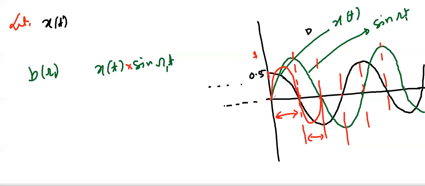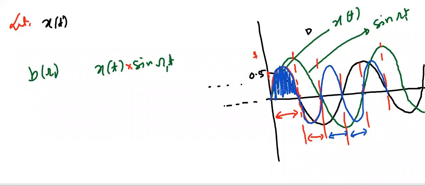I should choose another color. So this is positive, and here it will give a negative. For the third section, again, both of them are negative, that's why we are getting a positive number. For the other section, one is positive, one is negative, so that's why we are getting a negative value. And if we move on, we'll get the same thing again and again. And of course, they are continuous.